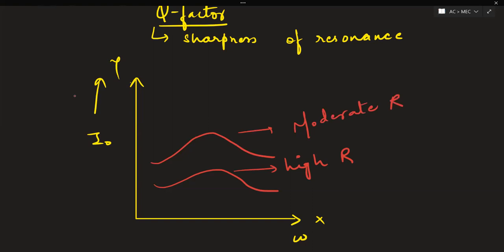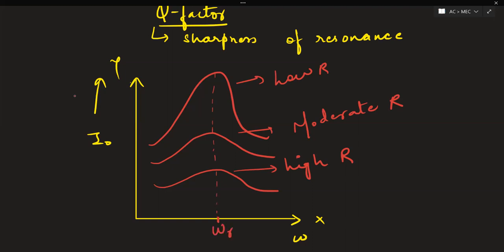And here the value of current is maximum, so this will be low resistance. Here, this is the resonant frequency.